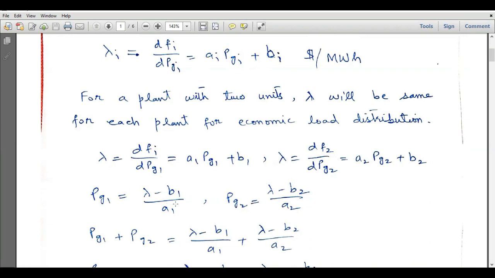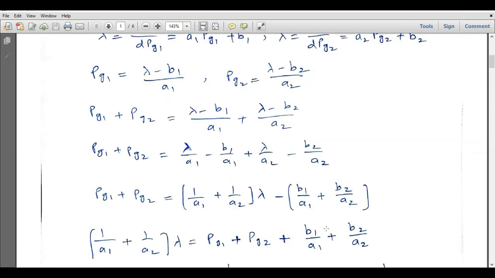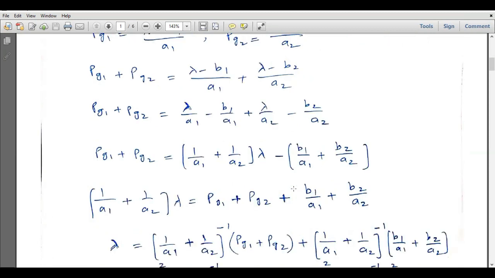PG1 plus PG2 will be equal to this plus this, and we can separate all these terms, so it will be lambda over a1 minus b1 over a1 plus so on. So PG1 plus PG2 will be equal to 1 over a1 plus 1 over a2 times lambda, minus b1 over a1 plus b2 over a2.